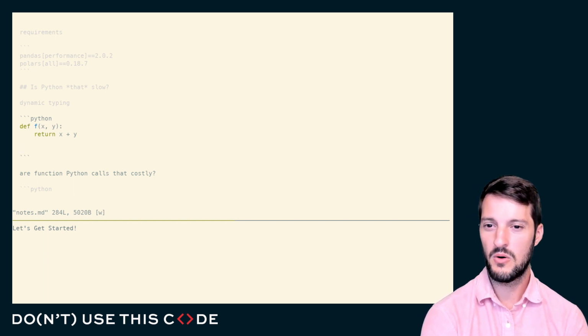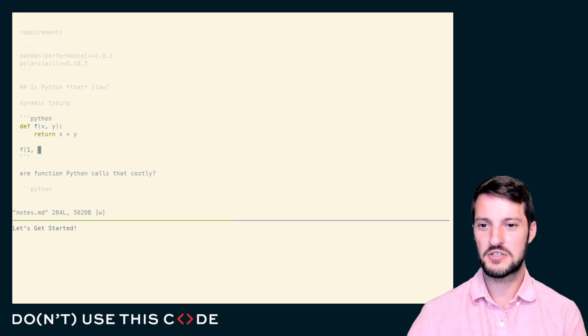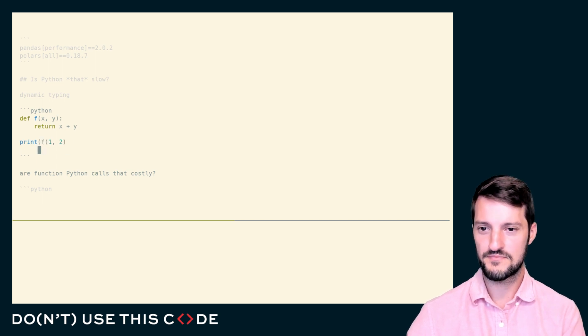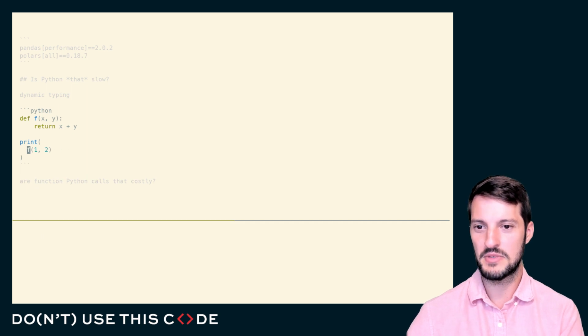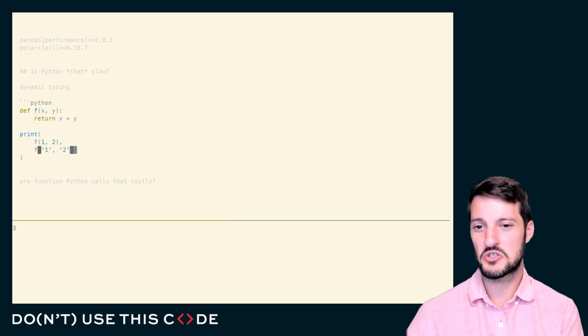Now, what does that mean to add x and y? You can probably intuitively think I can create this function, f of 1 and 2, and you'll think, okay, well 1 plus 2, that's going to be 3, so let's take a look at the result. And it is in fact 3. I can take this a step further and I can turn these into strings though.